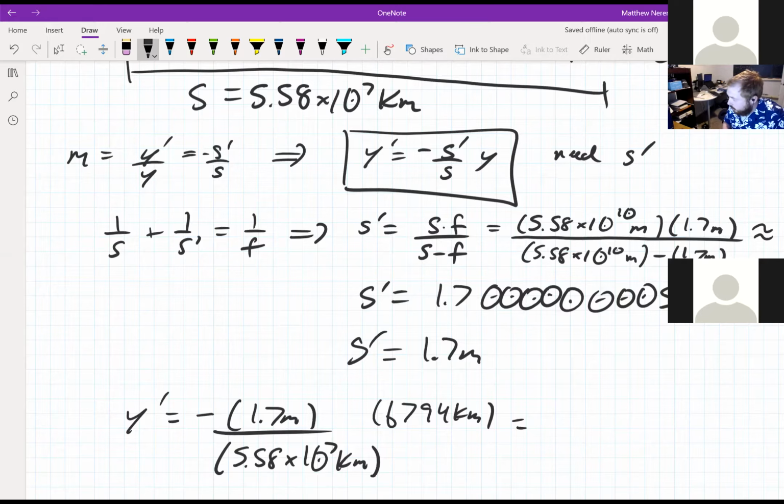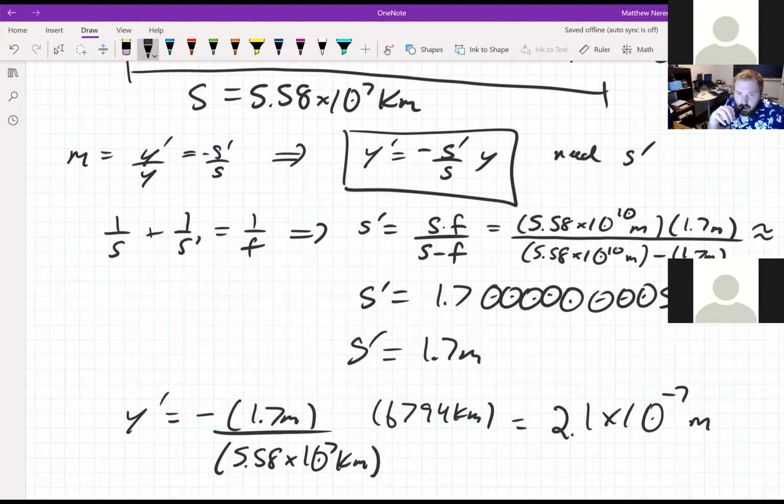I'm getting 2.1 times 10 to the minus 7th meters.